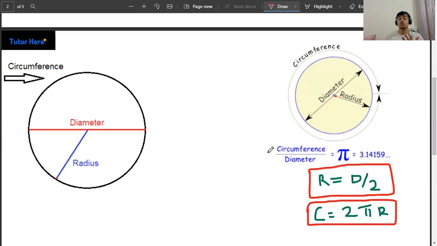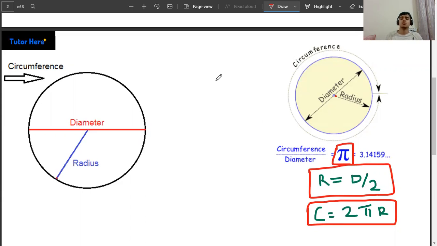We also came across an interesting constant, which is called pi, which holds a value of 3.14159, and this is an infinite number. The special thing about pi is that this is the ratio of the circumference to the diameter, and this is constant for all circles. This is a really special constant that we studied, and you will be encountering it throughout your mathematical journey.